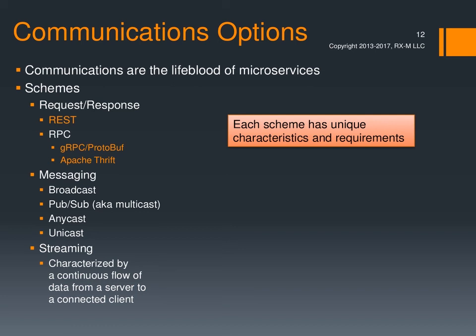So communications options, there are a lot of them. But I have a diagram here that didn't show up, which is kind of interesting. But in a microservice world, we try to use platform agnostic communication systems. So imagine you have the internet.